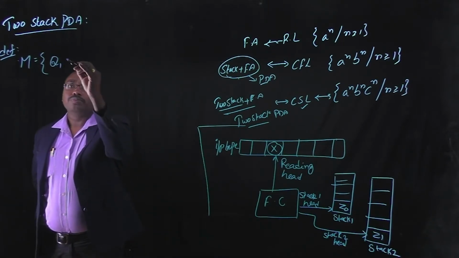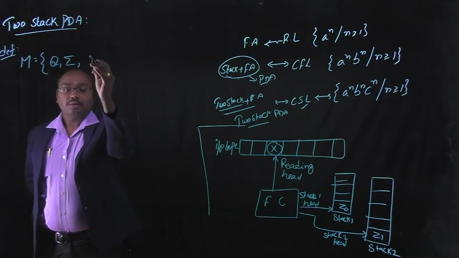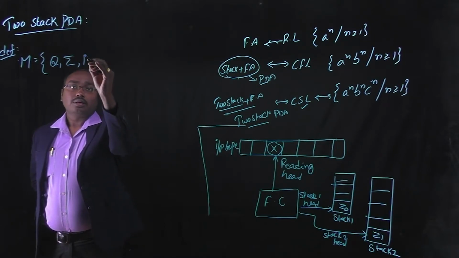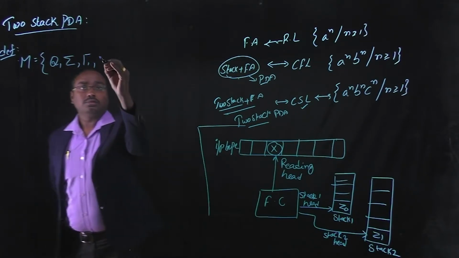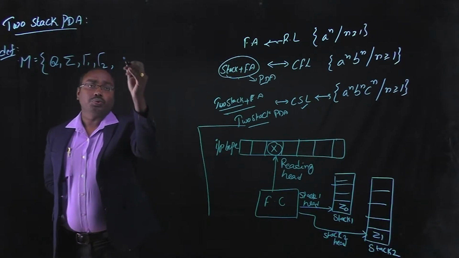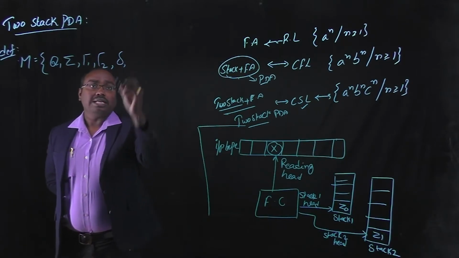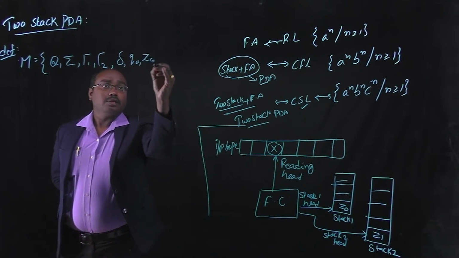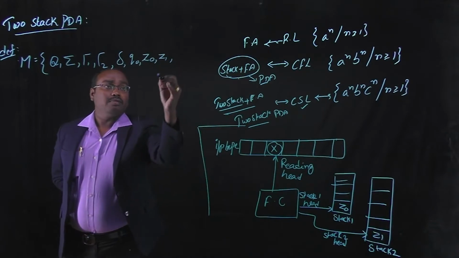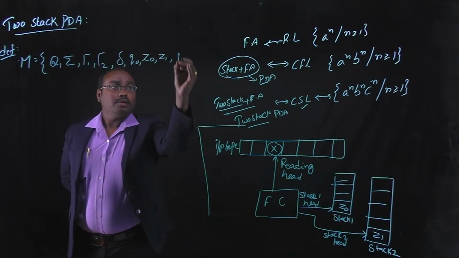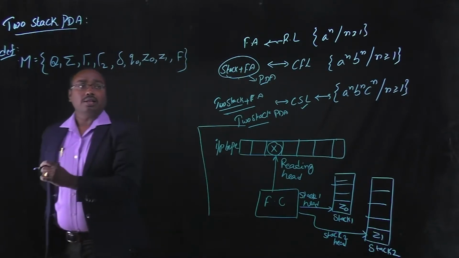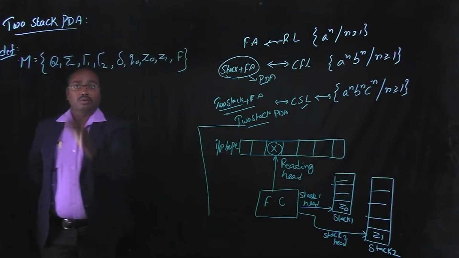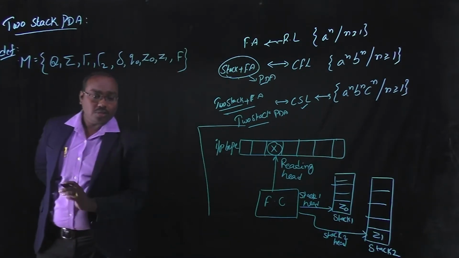Capital Q, sigma, tau 1, tau 2, the transition function, the initial state, Z0, Z1, and F. In total, 9 tuples.